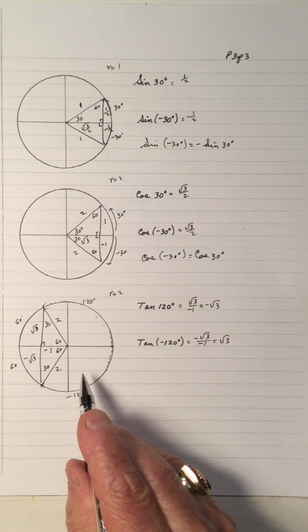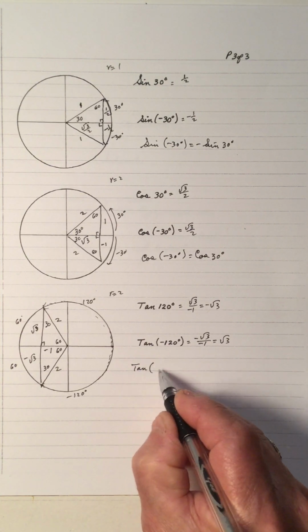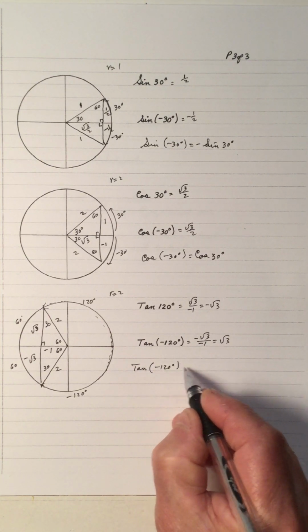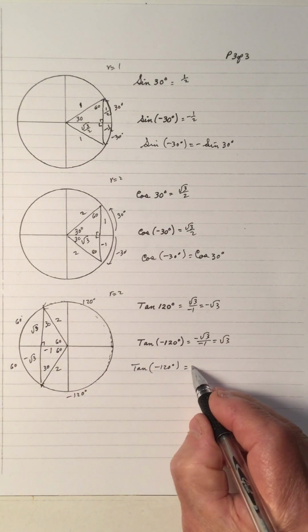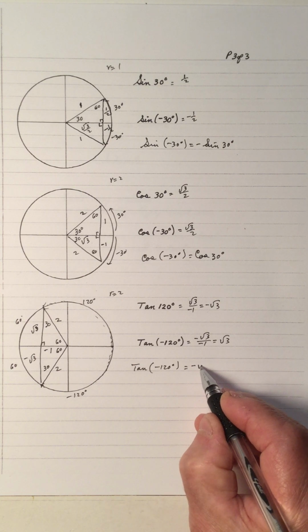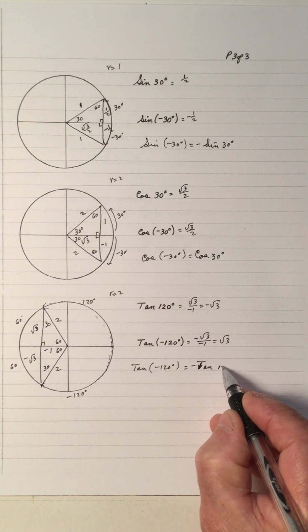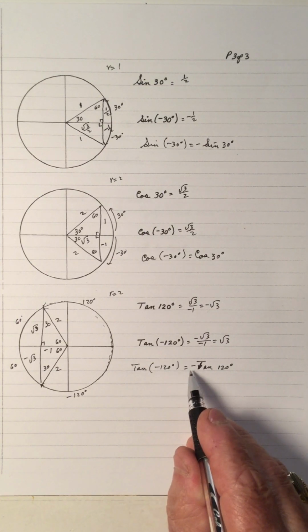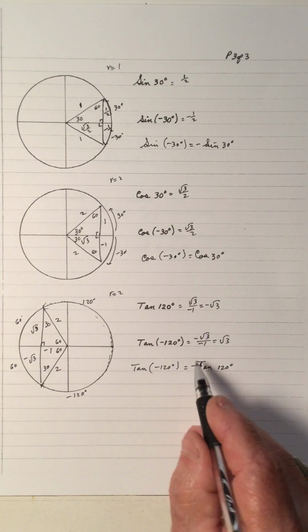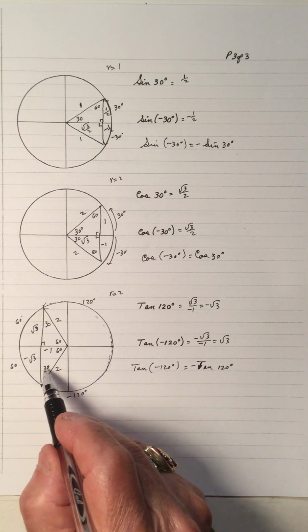So notice that the tan of negative 120 and the tan of 120 are opposites of each other, negatives of each other. So the tan of negative theta is the negative tan of theta. That's what I'm trying to illustrate here. Tan is negative in this quadrant, and it's positive here.